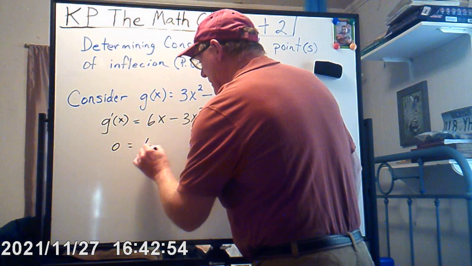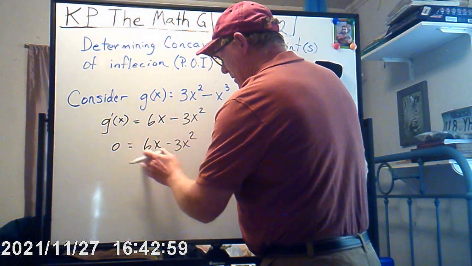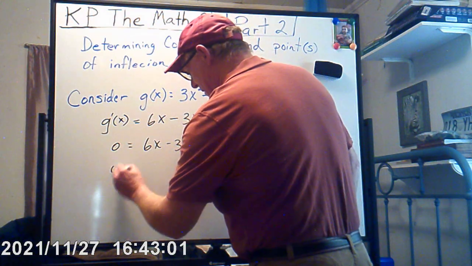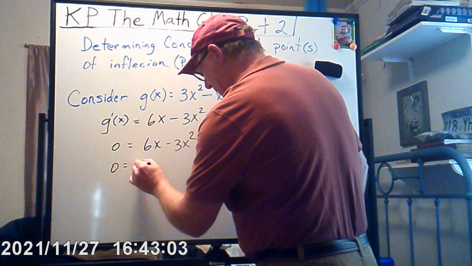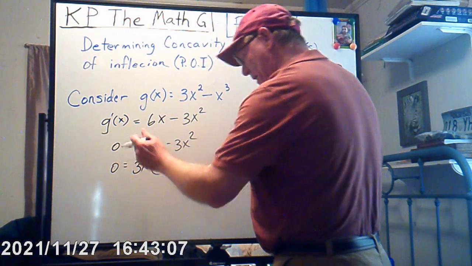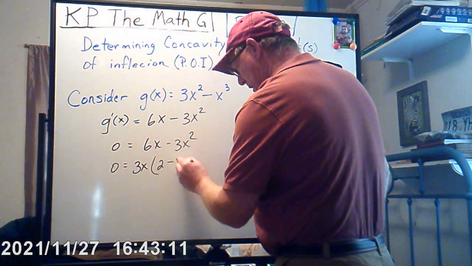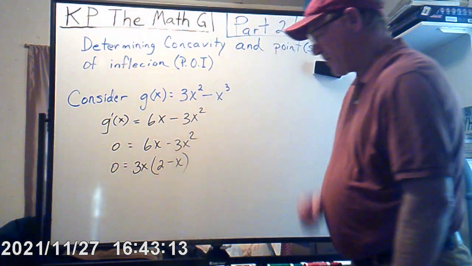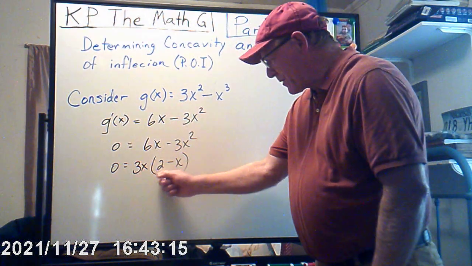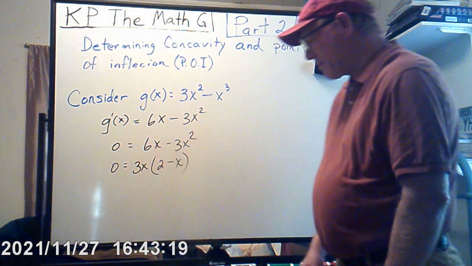So 6x minus 3x squared. To solve for x, I want to factor out 3x, which gives 3x times (2 minus x). 3x times 2 is 6x, and 3x times x is 3x squared, with a minus sign in the middle.